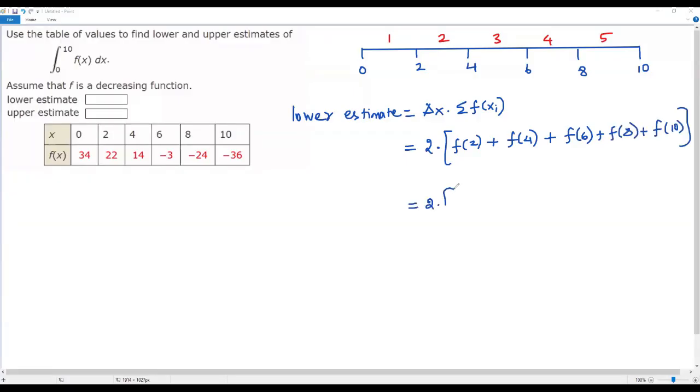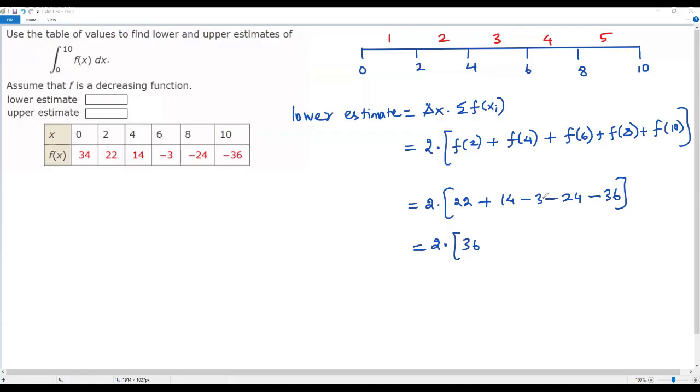Here, 2 times: the value of f of 2 is 22, f of 4 is 14, f of 6 is negative 3, f of 8 is negative 24, and f of 10 is negative 36. Combining the two positive values, 22 and 14, I get positive 36.